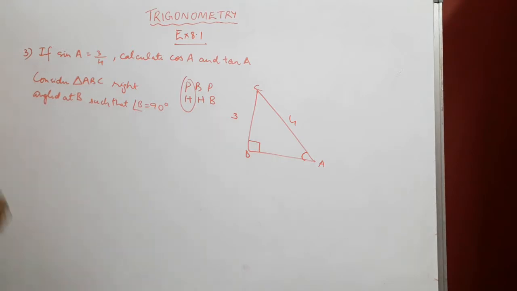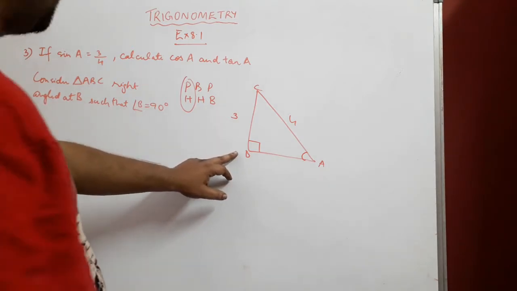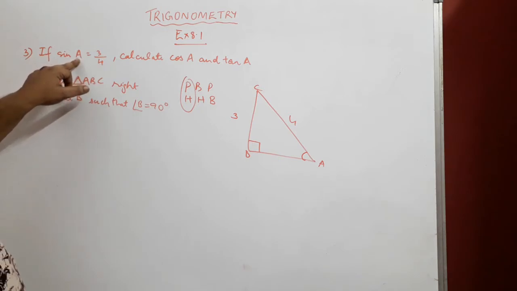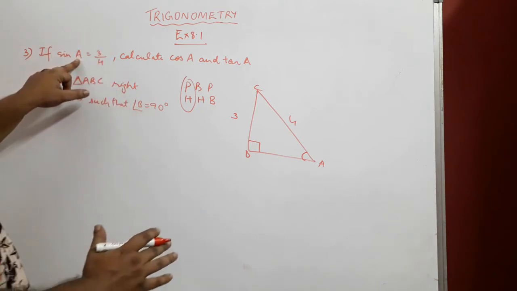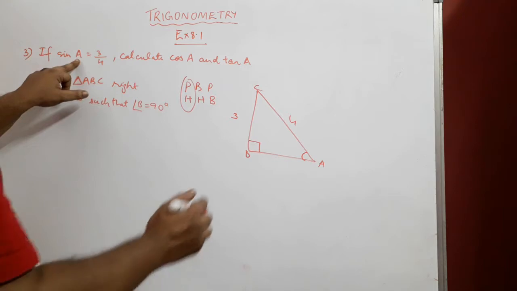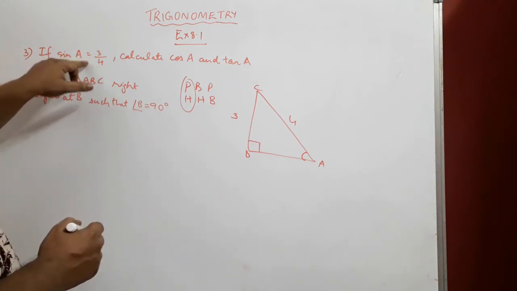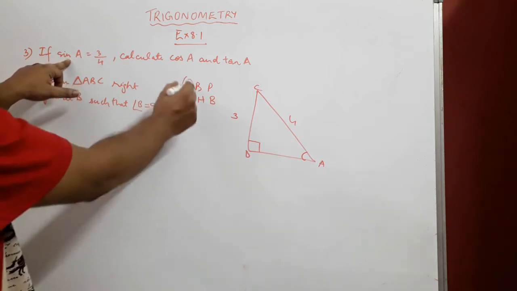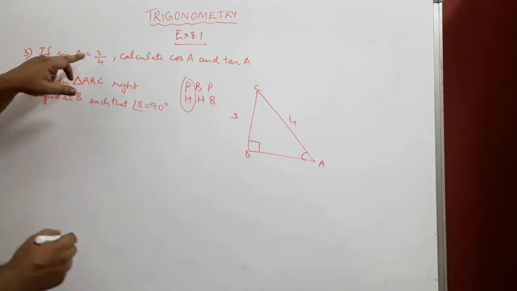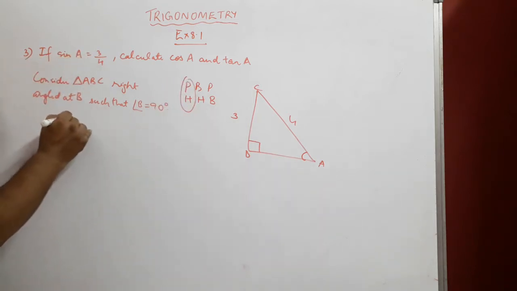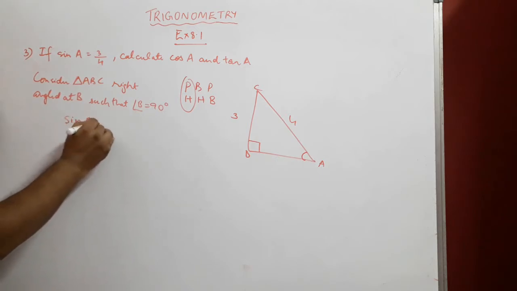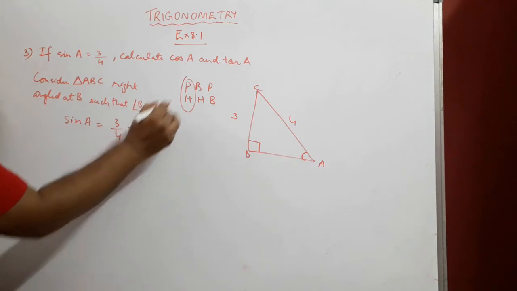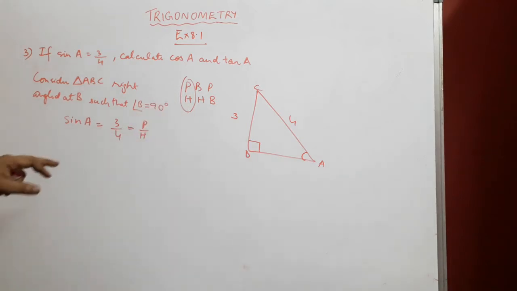Now why does it have to be right angled at B and not elsewhere? We have been told sin A, so the angle in question is A. If sin A has to be 3 upon 4, sine is P upon H, so sin A equals 3 upon 4 has to equal P upon H as per Pandit Badri Prasad Har Har Bole.